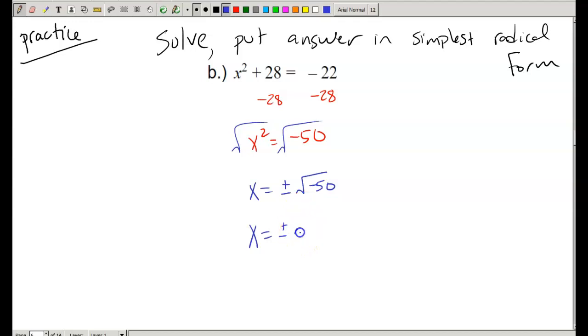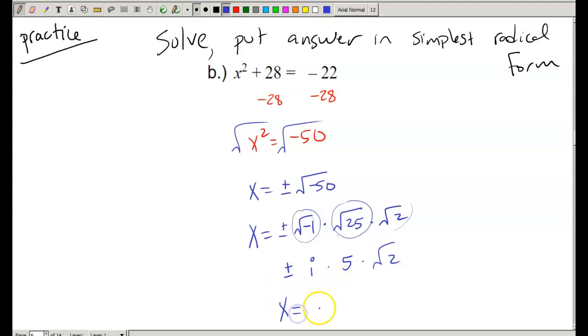So I'm going to write this as root negative 1, pull that off separately from the real number part, and then now I think about root 50, and of course root 50 could be 25 times 2. And so now I can take these little bits and pieces. I know that root negative 1 is going to be I, root 25 is going to be 5, and then root 2 is just root 2. And I still have my plus or minus here, notice.